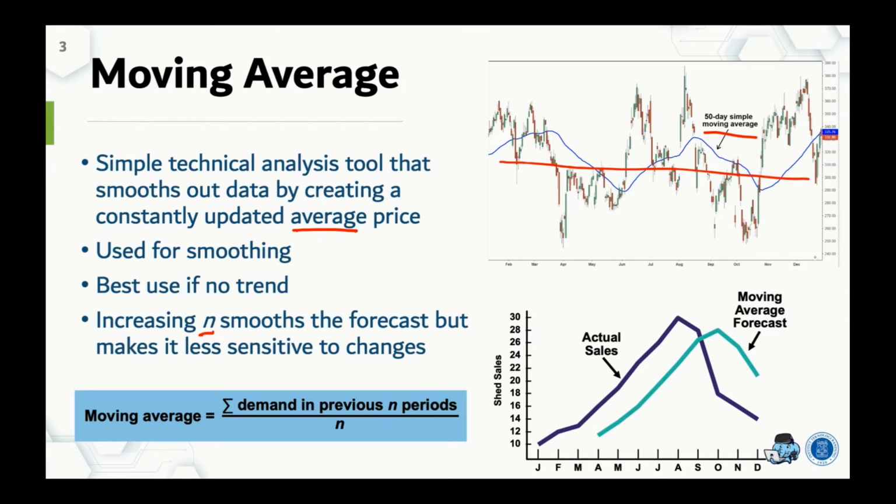But when we decrease the constant n, the forecast becomes sensitive to change, so it tends to follow the pattern here.